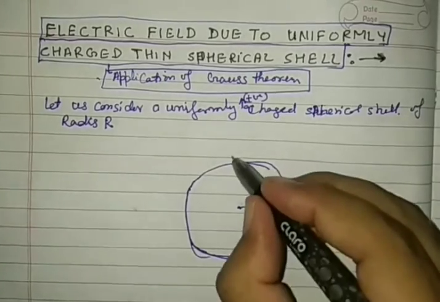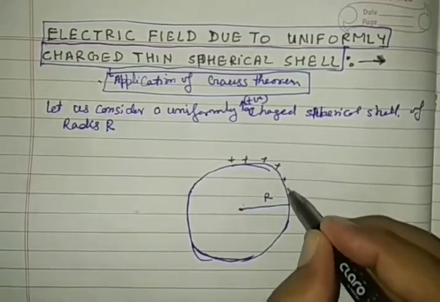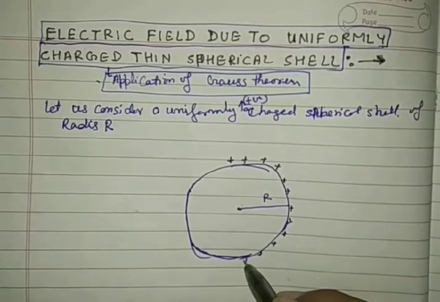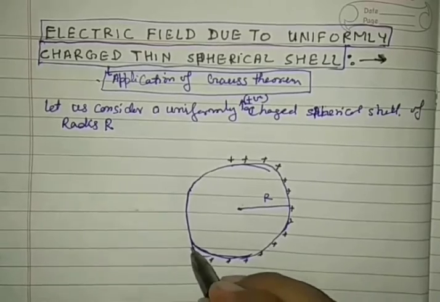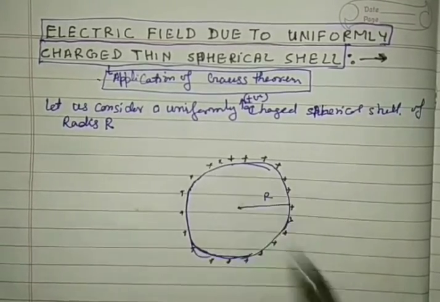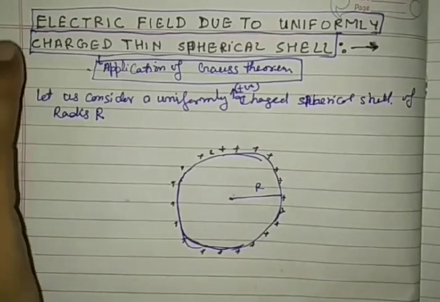Around this, positive charge is distributed uniformly all around, at every point. Now consider a Gaussian surface around it.